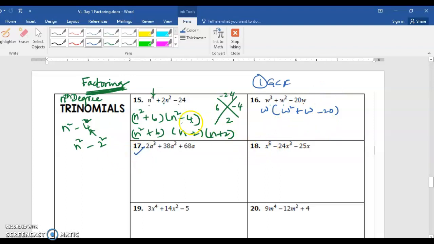But the 18th is similar to the 15th question in that you have to first factor the GCF out, which is this. And then we have to actually do the X method on this because it's a fourth degree trinomial.